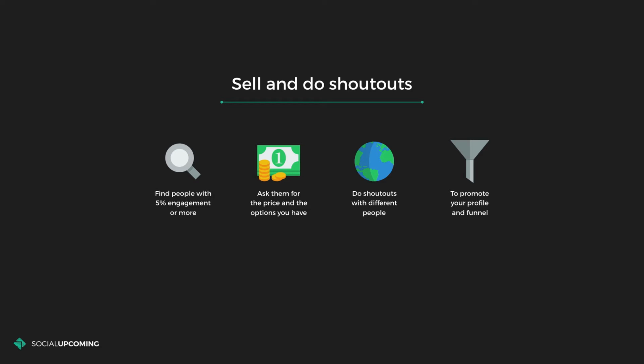A lot of his or her followers are bought, fake, or he or she has done a poor job in getting followers. So the followers of those profiles should have more than 5% engagement, because then you get more for the money. And then you ask them for the price and what options you have.